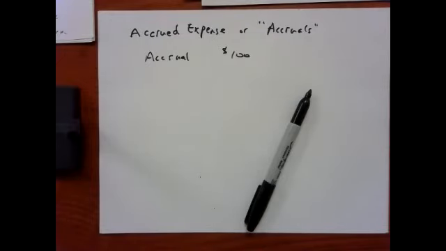So your utilities are running and they're keeping track of those utilities throughout the course of a period. Let's say your utility bill runs from the 15th to the 15th, as opposed to say the 1st to the 30th. So you've accrued at December 31st 15 days or 16 days worth, depending on what day you actually begin your billing cycle.